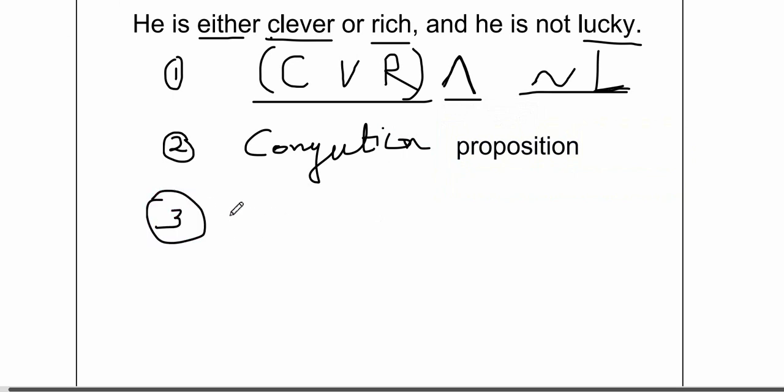The third part was to create a truth table. I said we have to create 3 separate columns, C, R and L, as in the symbolizing format.